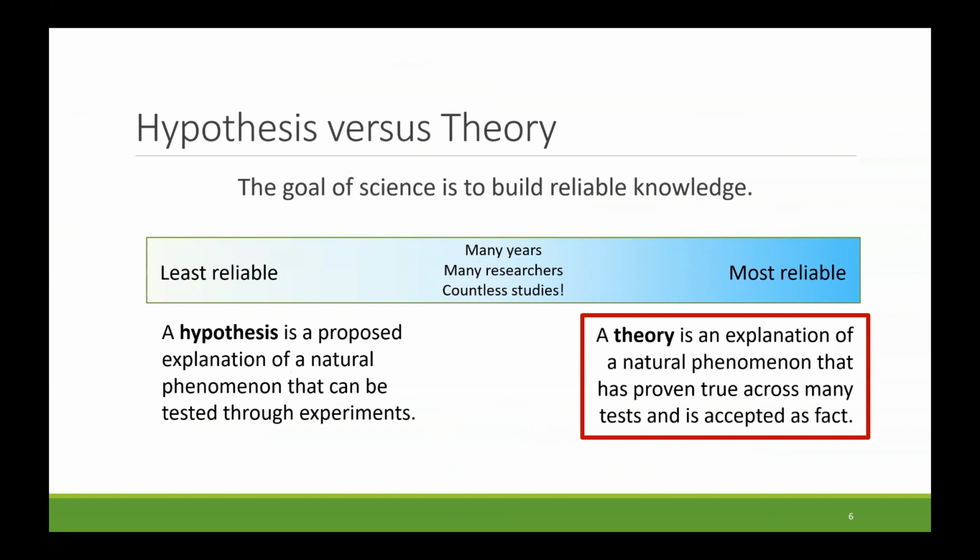A theory is something that has proven true across many years by many researchers and countless studies and is considered to be the most reliable level of knowledge that exists in science.